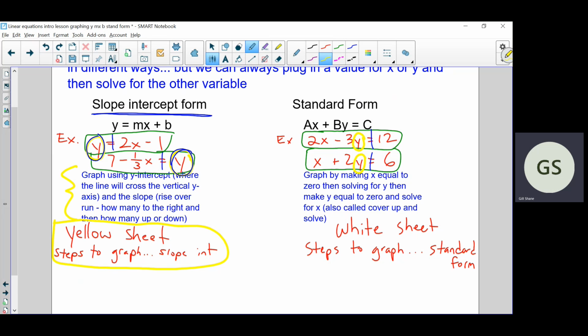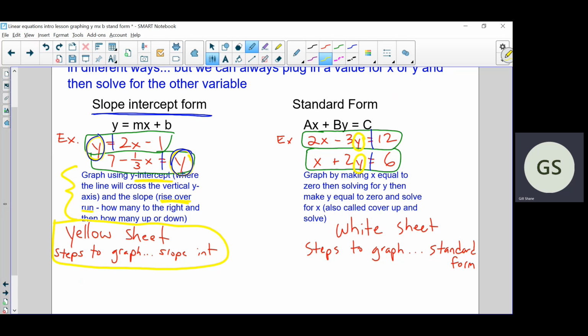That's a summary of how to graph when it's in slope-intercept form. I don't care what you take down for your notes. The key is you need to know when it's in slope-intercept form, and that's when y is all by itself on one side of the equation. You then need to know to use the y-intercept, and then use the rise over the run in order to graph.